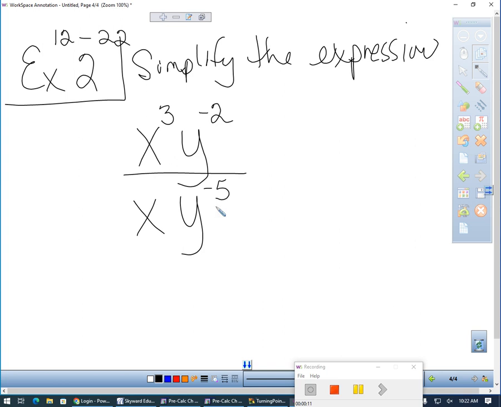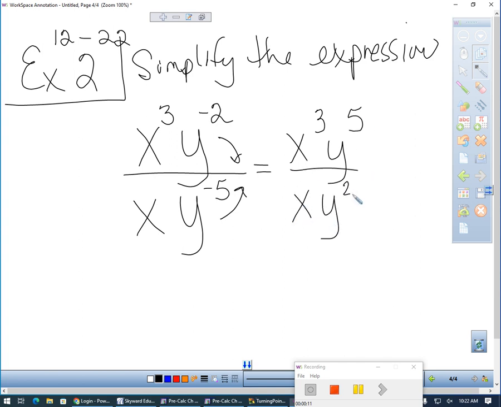We have to get rid of those negative exponents. So what do you think we should do? Perfect. So that would be step number 1. This one's going to go down there, and this one's going to go up here. So I have x to the third, y to the 5th, over x y squared.